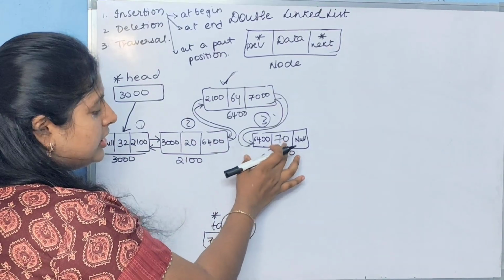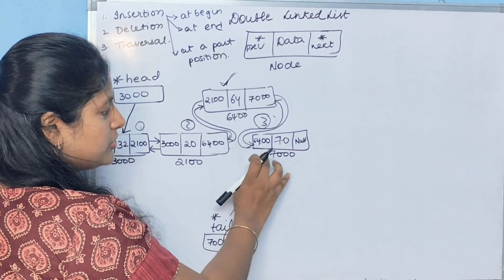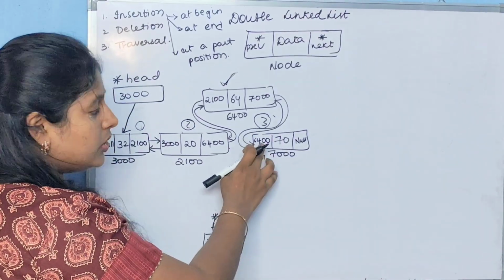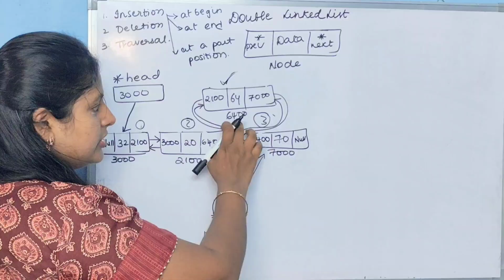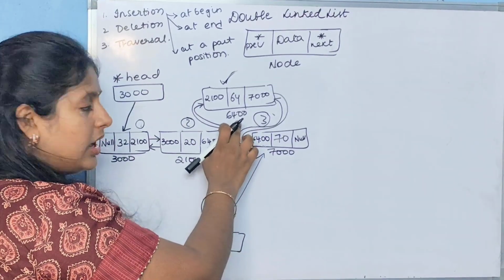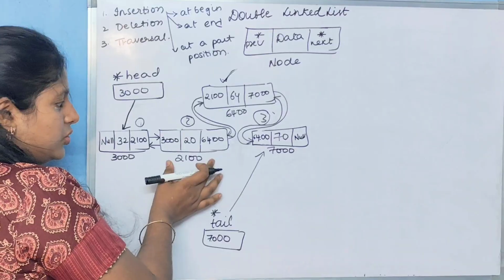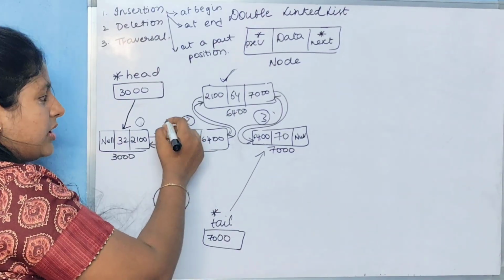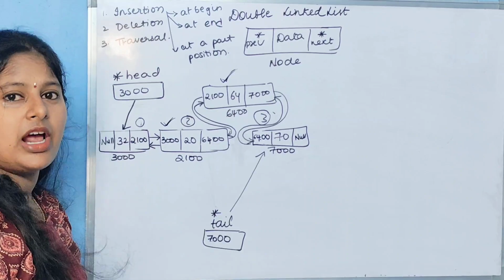What is the previous address of 7000? 6400. So my second node from tail is 64, which has address 6400. And what is the previous address of 6400? 2100. So 2100 over here. So this is my third node from the tail, right? This is what is called traversal.